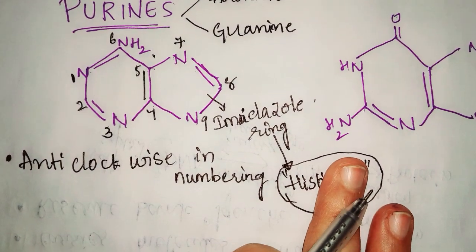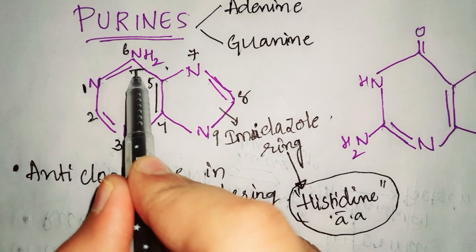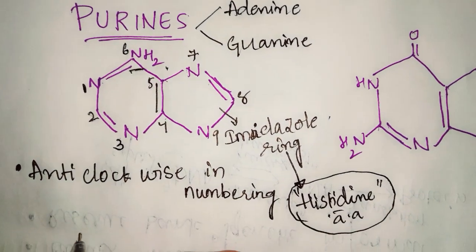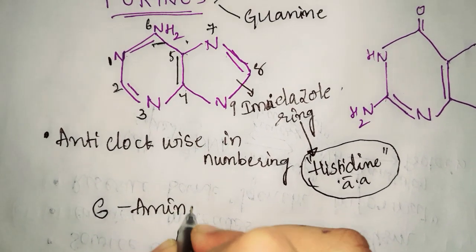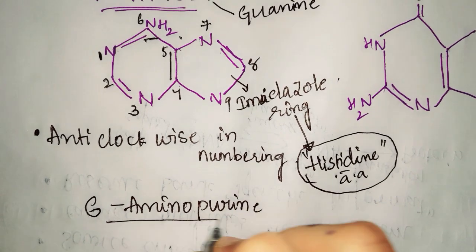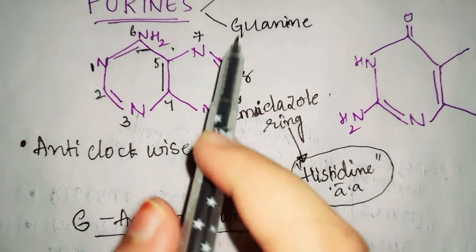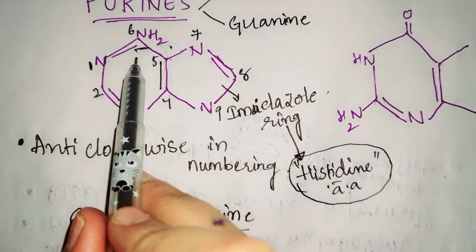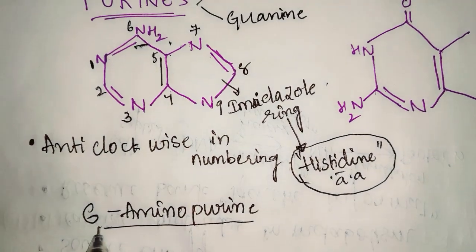So how are you going to name the structure? Here at the sixth position there is an amine group, right? So you need to write here 6 amino purine. That's it. There is no other functional group present in this structure, that's why we are not taking anything. This whole structure is called purine, but at the sixth position there is an amine group. That's why we are writing 6 amino purine.